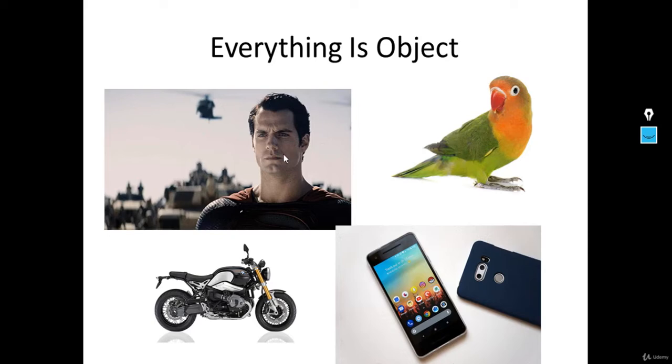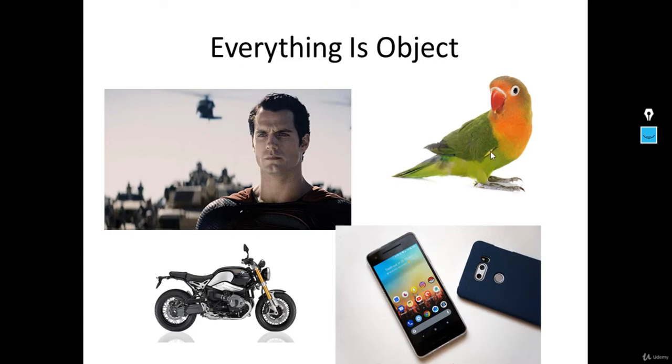That means the Superman can move around, and the normal person can also move. The Superman can eat, and the normal person can also eat. So that is their behavior.